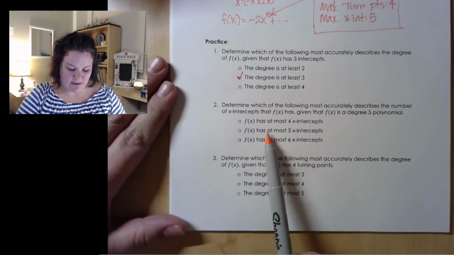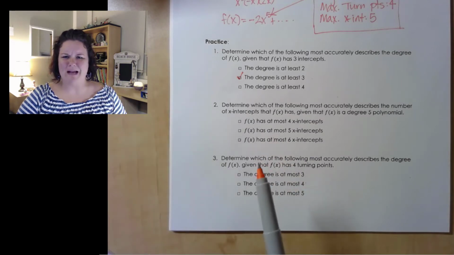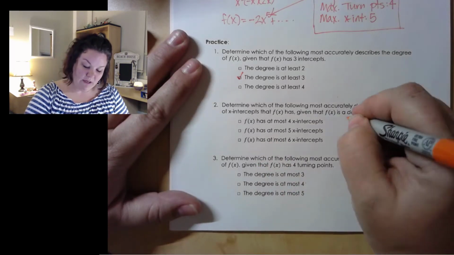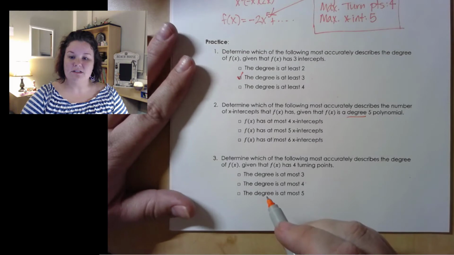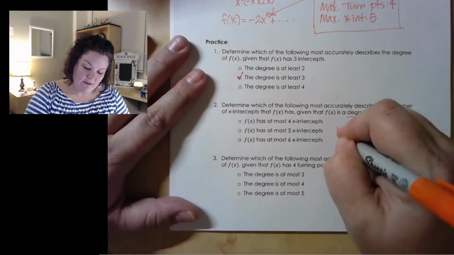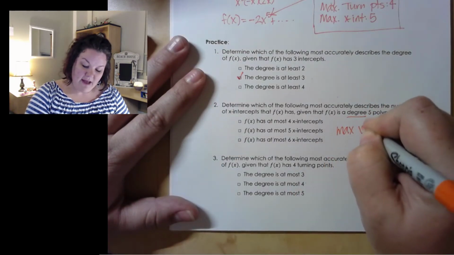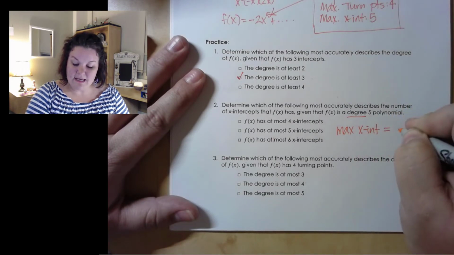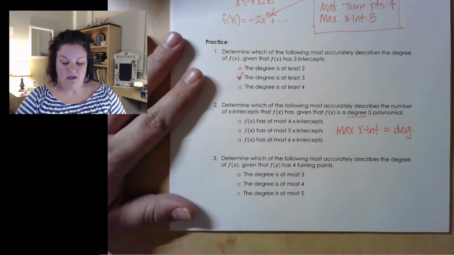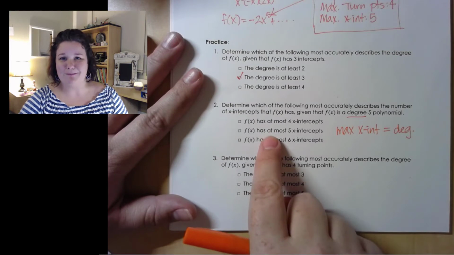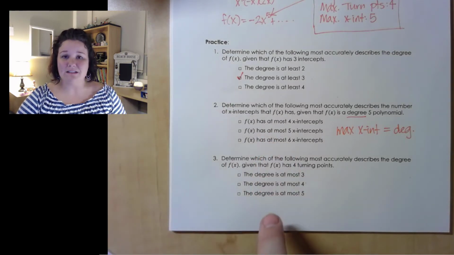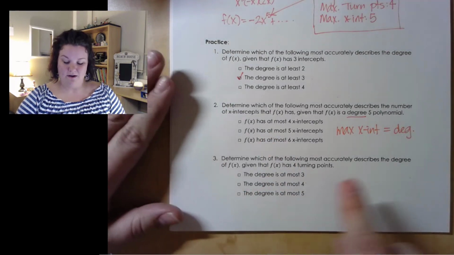If you see at most, we're looking at the maximum. And remember, the degree and the intercepts have something very much in common: the maximum number of x-intercepts that we can get is equal to the degree. So as soon as you see the words at most, you know you're talking about the maximum number of x-intercepts.